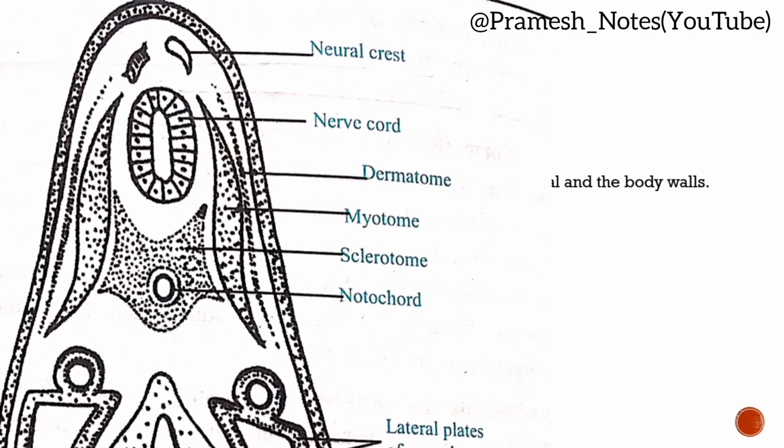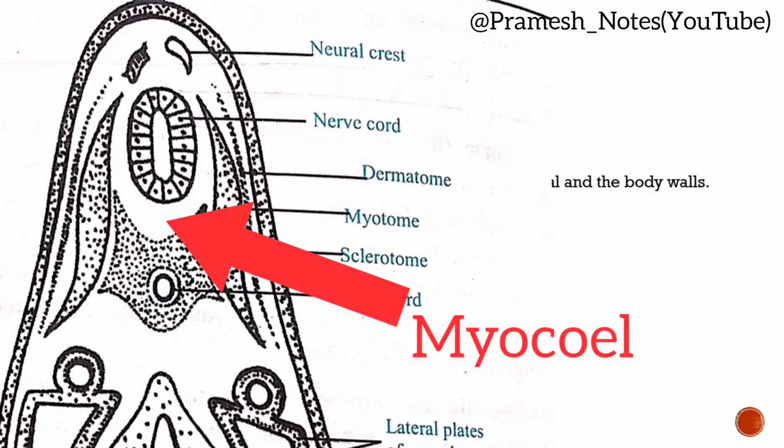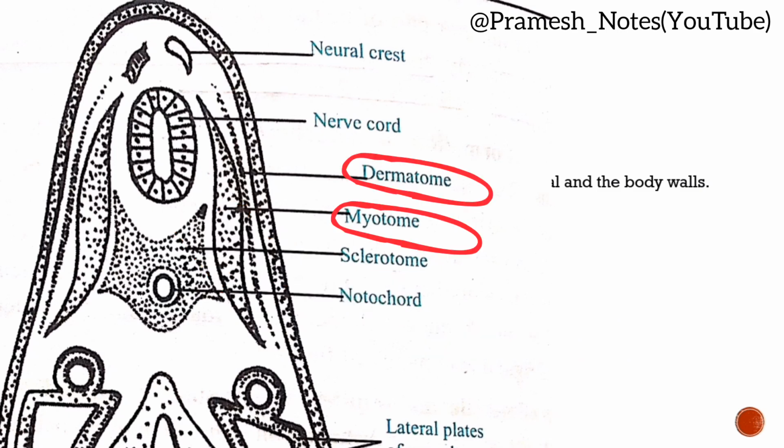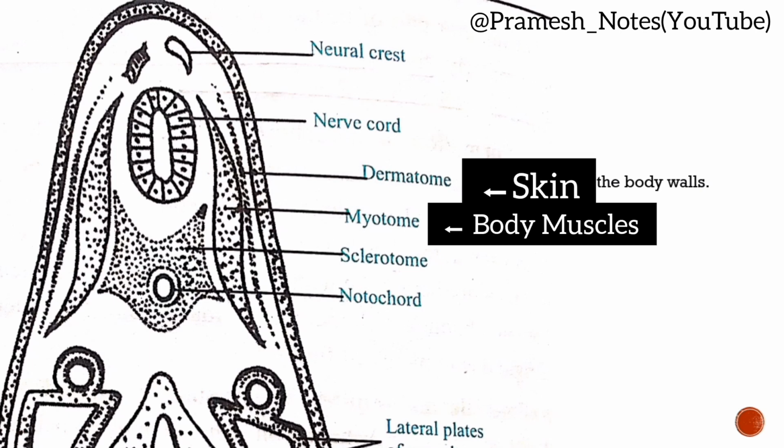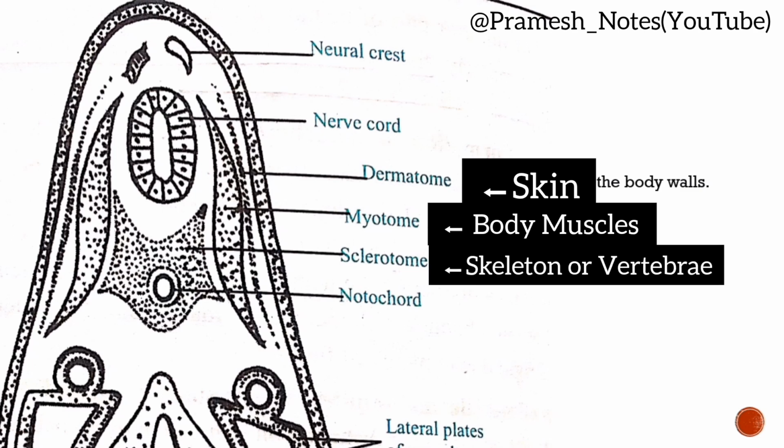In the course of development, a small cavity called the myocoel appears in the mesodermal somites, and these somites differentiate into dermatome, myotome and sclerotome. The dermatome develops into skin, the myotome develops into body muscles, and the sclerotome develops into the skeleton or vertebrae of the adults.